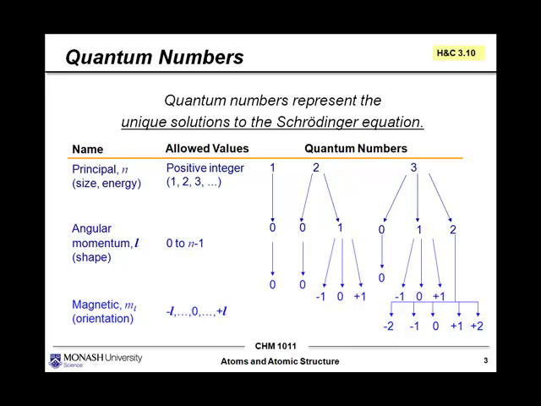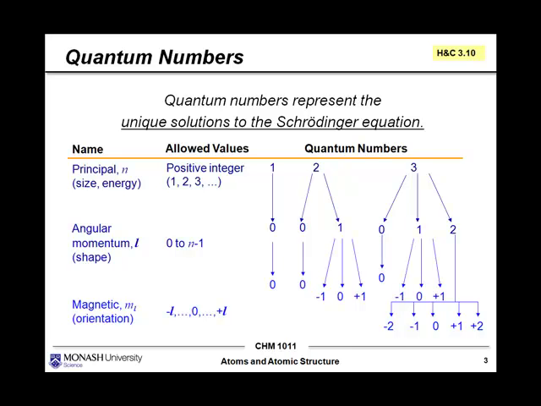Let's have a look at how the values for l and ml can vary depending on what the value for n, the principal quantum number, is. If n has a value of 1, l can only equal 0. And the magnetic quantum number ml can also only equal 0.